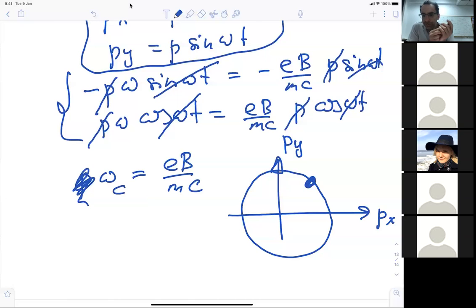Do you agree? Is this picture clear, people? Because I don't know whether it is or it's not.